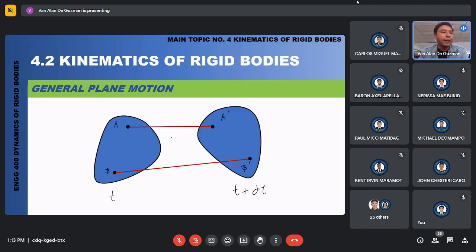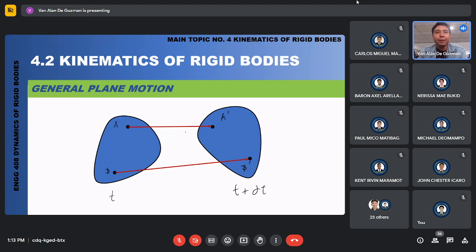Again, mahalaga po ito. Pag tinanong ko po kayo sa exam, explain and differentiate the three types of motion of rigid body kinematics. So ito po yung sa ating general motion.